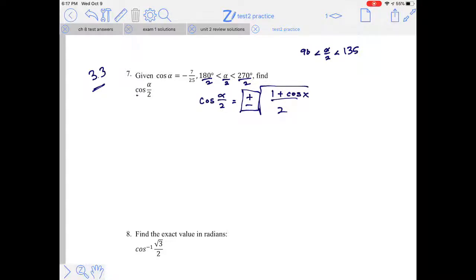And we're dealing with cosine. So remember, cosine in quadrant 2 is negative. So I want the negative part of this square root and not the positive. So I want negative square root of 1 plus cosine. And I used x, that should have been alpha, sorry. 1 plus cosine alpha over 2.